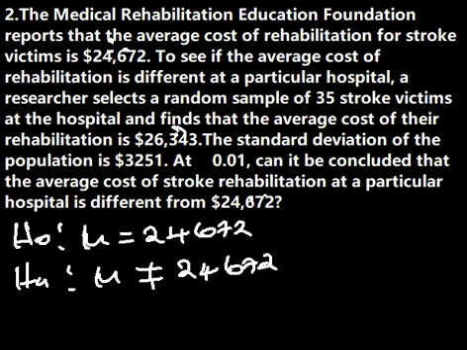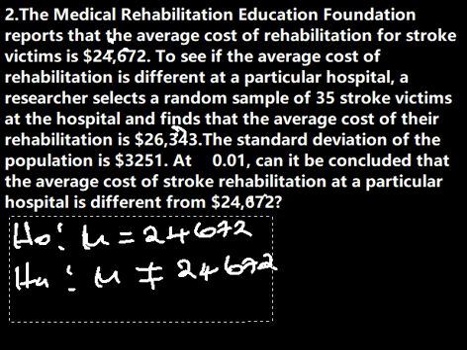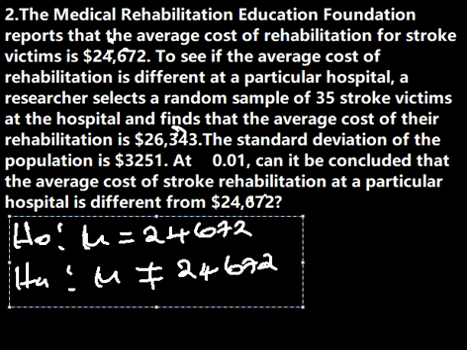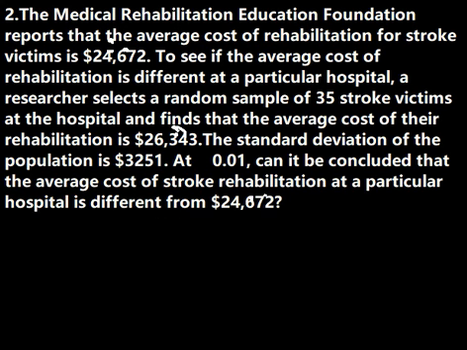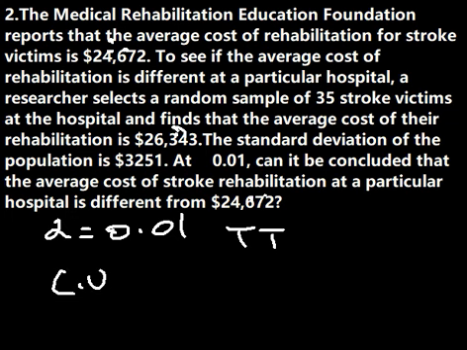Then next we should evaluate the critical value. To understand how to get the critical value, we have alpha given as 0.01, and that is a two-tailed test. What is the critical value if that's the case? In this case we have to divide alpha by 2.